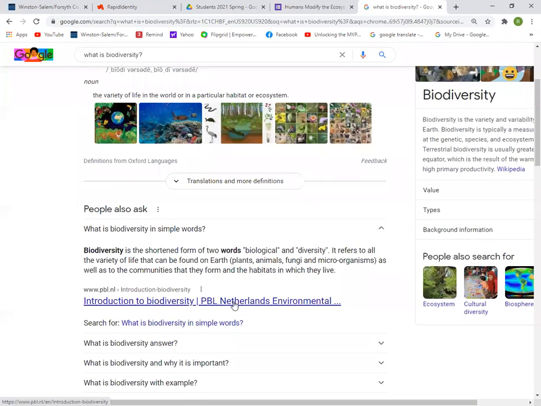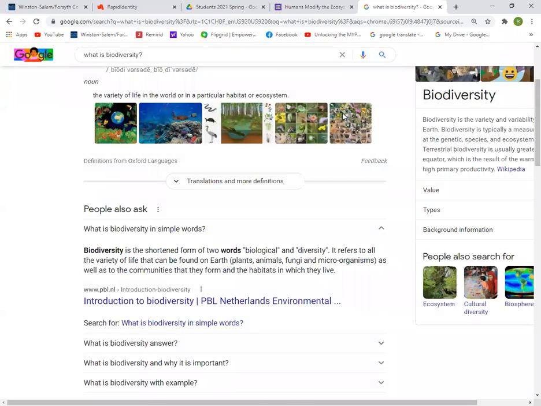So, in simple words, biodiversity is the shortened form of two words, biological and diversity. It refers to all the variety of life that can be found on Earth, plants, animals, fungi, and microorganisms, as well as the communities that they form and the habitats that they live in.